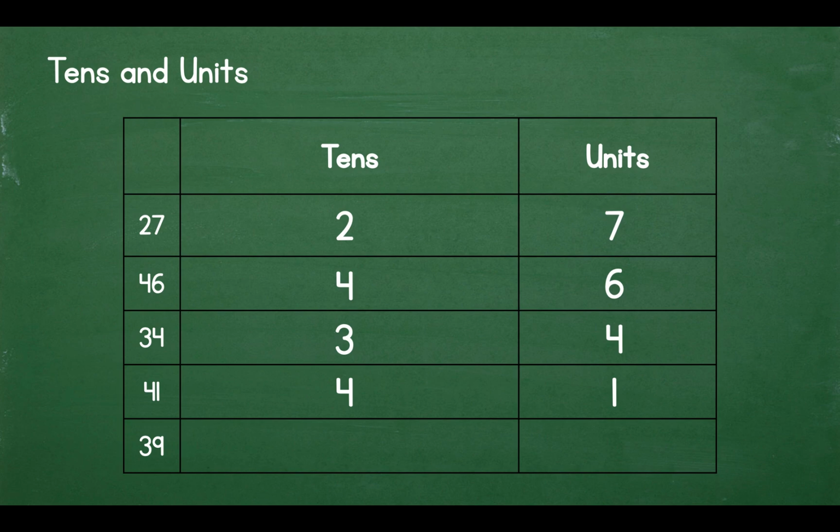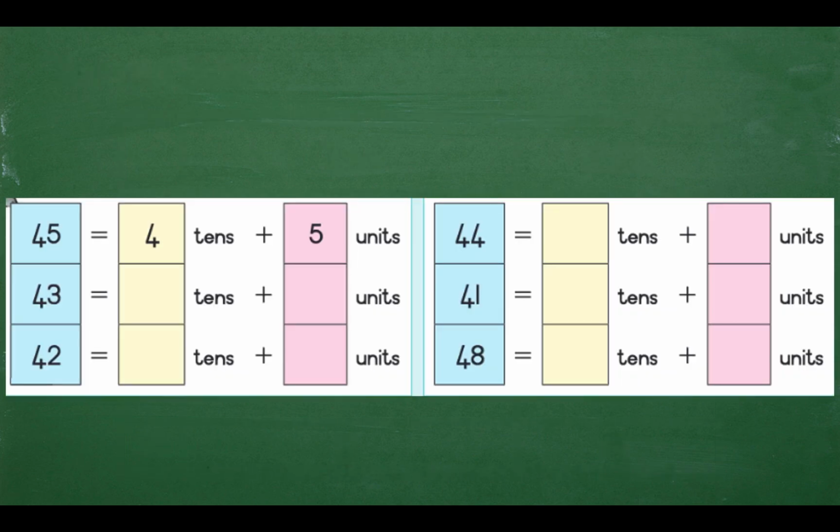How many tens are in the number 39? Right, 3. And how many units are in the number 39? There are 9 units. I hope you're seeing a sort of pattern in our tens and units places.